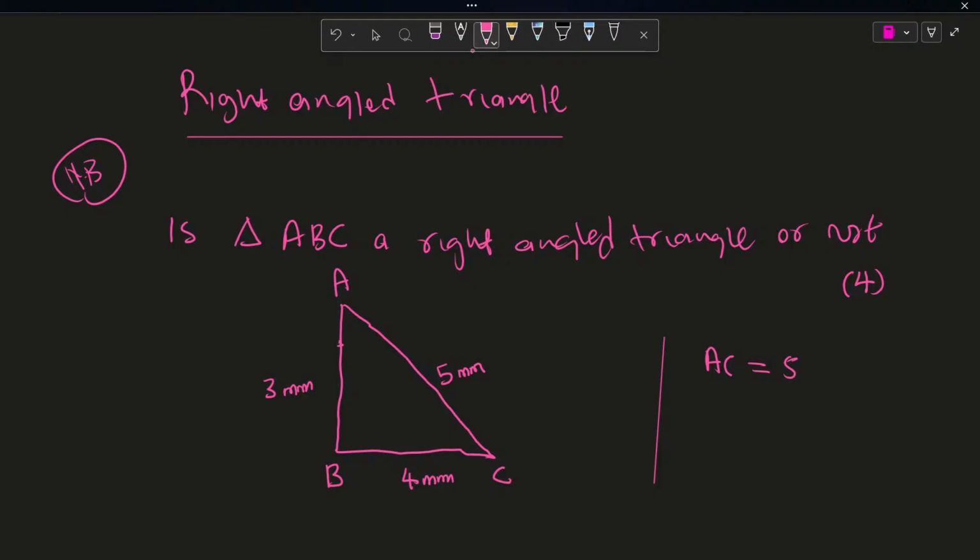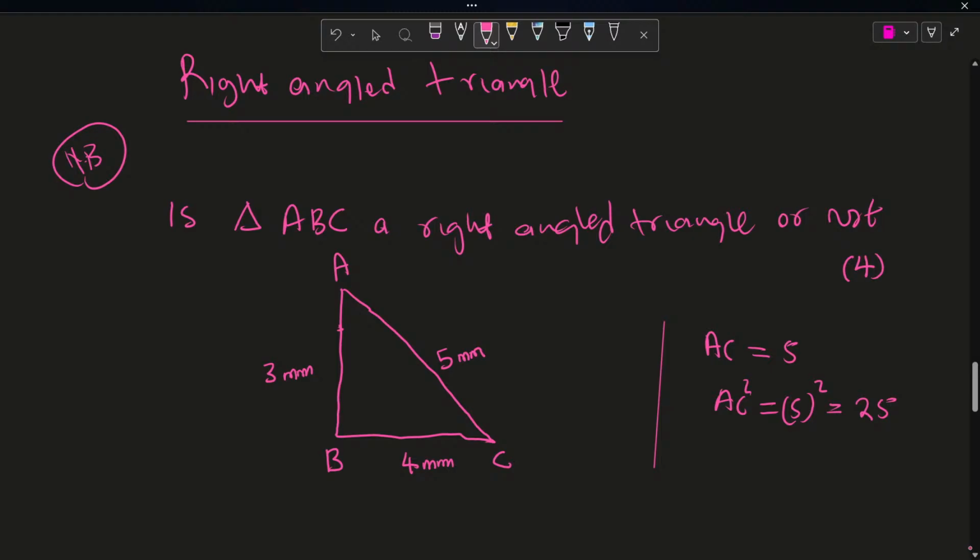So if you square this one, it will be 5 squared and is equal to 25. Then the next thing will be AB. Let's try these two. If we square them and they give us 25, it means yes. So you square AB, and then you square also BC.